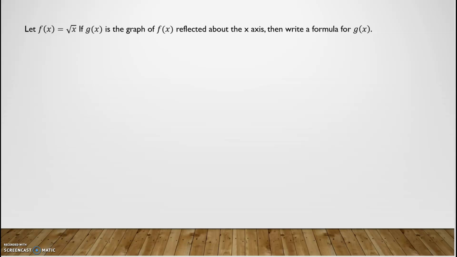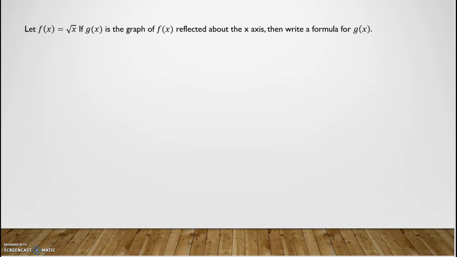So let's look at this. Let f of x be the square root of x. If g of x is the graph of f of x reflected about or over or through the x-axis, then write a formula for g of x.